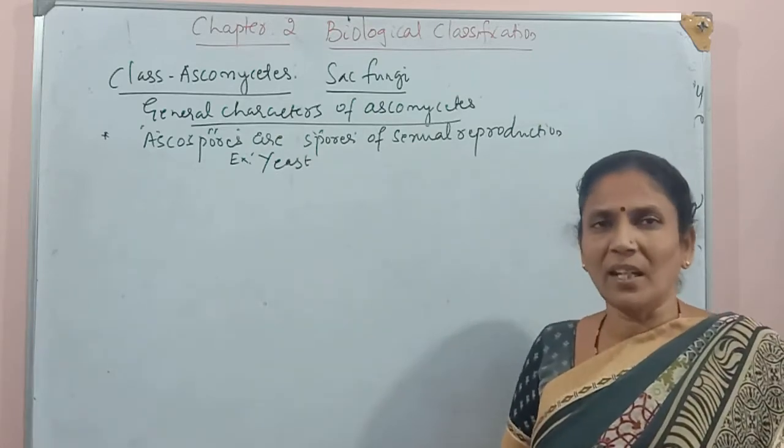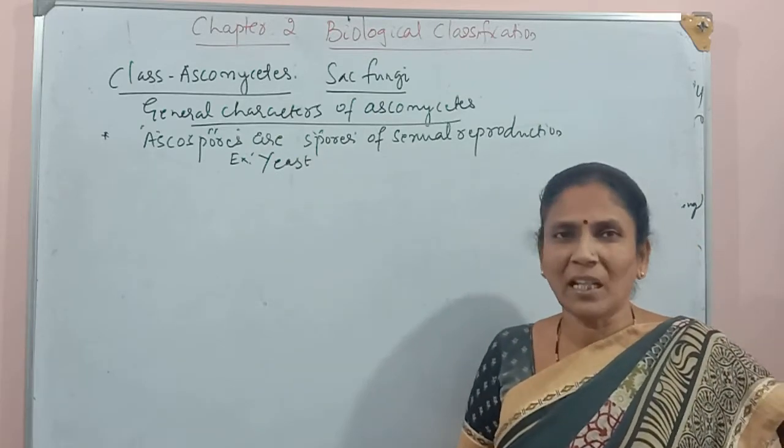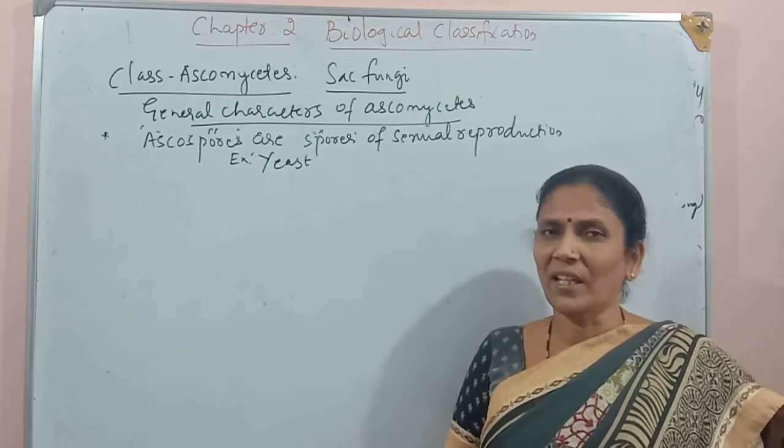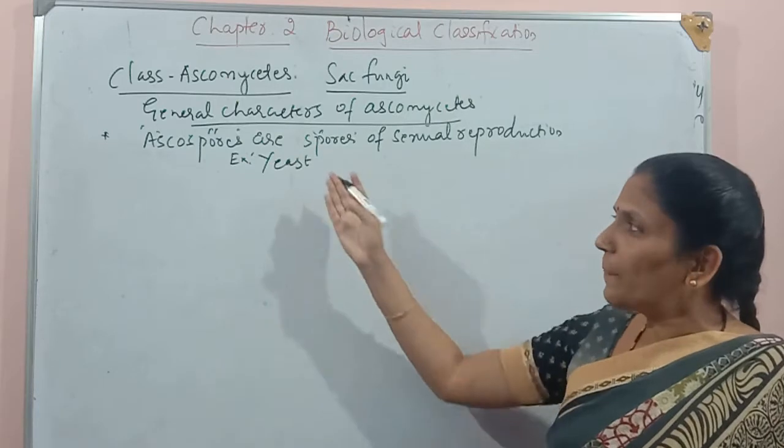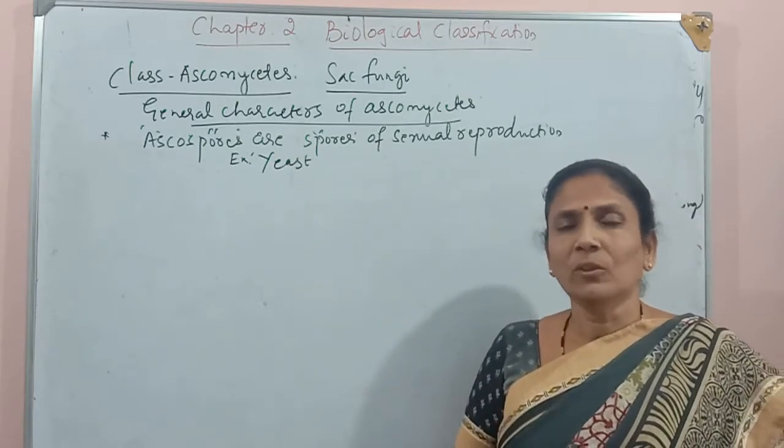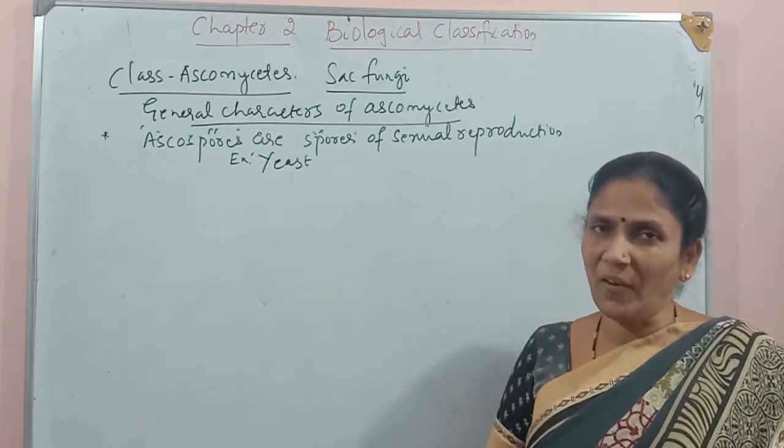There are three life cycles: haplontic life cycle, diplontic life cycle, and haplodiplontic life cycle. The species of yeast show all these three types of life cycle.